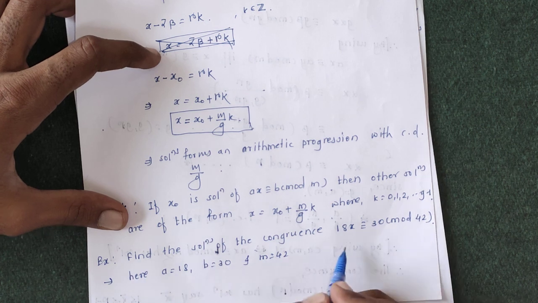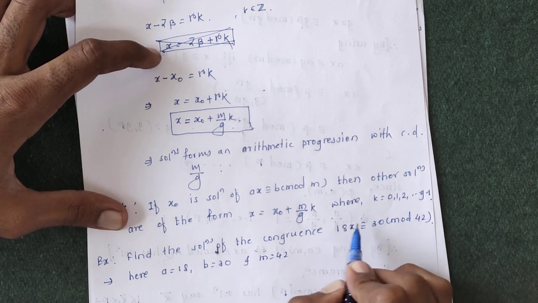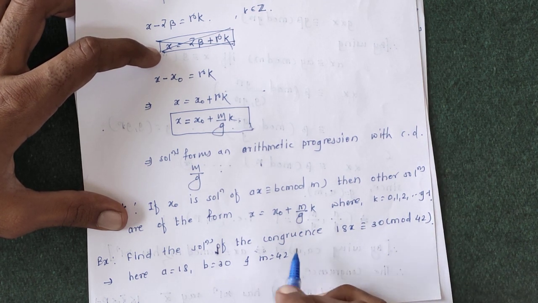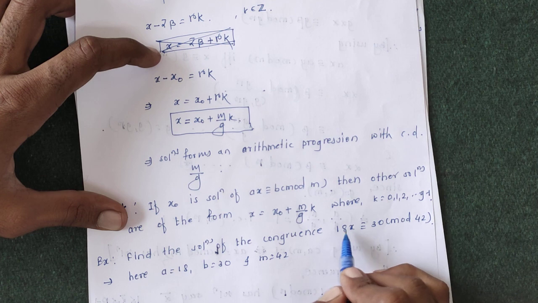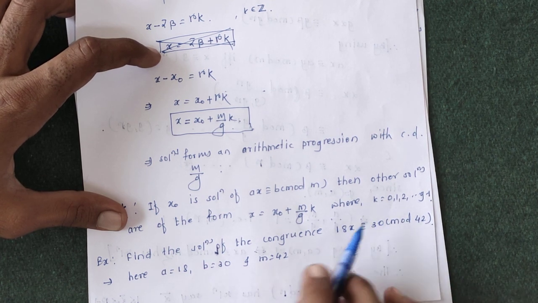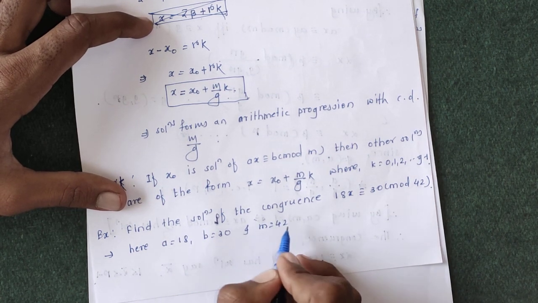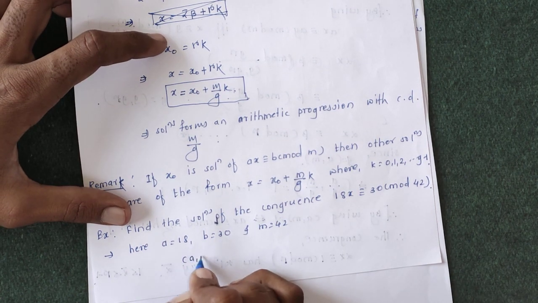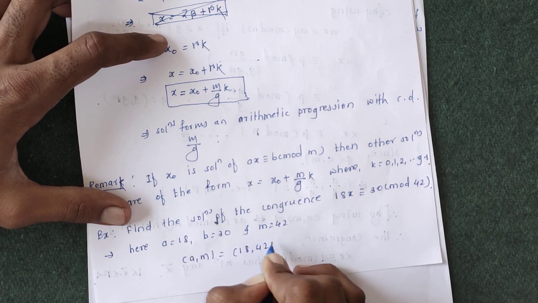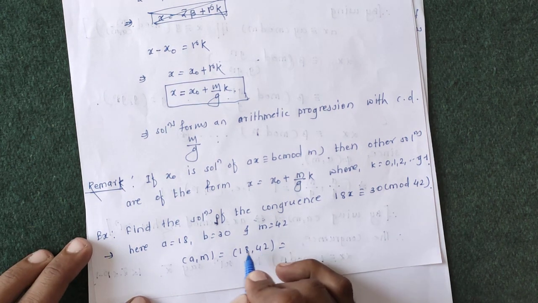To solve such problems, first of all we will check the GCD of a and m. If that GCD divides b, then we will find the solutions. Otherwise, if the GCD of a and m doesn't divide b, then we say that this congruence has no solution. Here a equals 18, b equals 30 and m equals 42, so the GCD of 18 and 42 is 6.